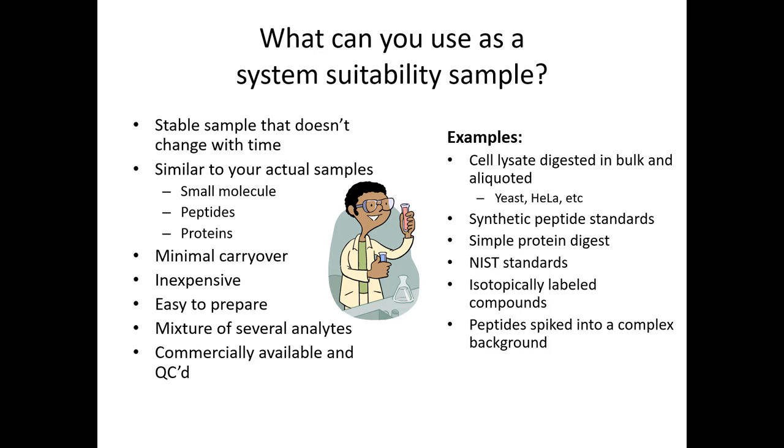And so the things you could do in that regard is, well, if you think it's your mass spec, take the LC out of the equation, calibrate it, make sure it's passing all those check marks, and then hook the LC back up and make sure the LC is passing all of the things that it has to do in order to be performing well. And if you don't see retention time shift and the mass spec is calibrated for mass and resolution, then you can begin to focus on the sample.